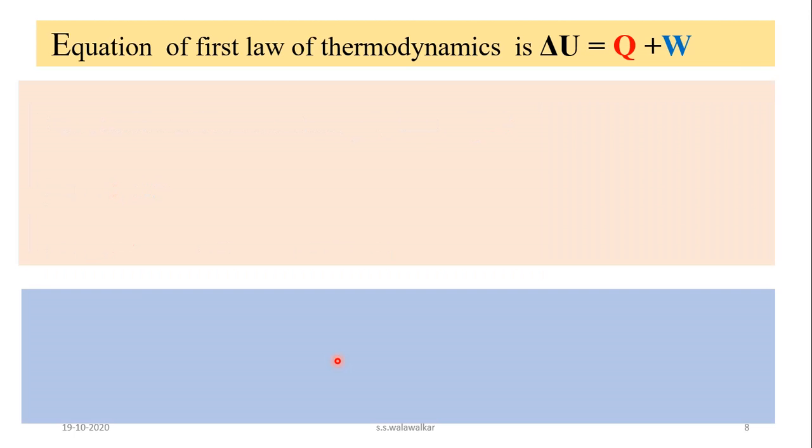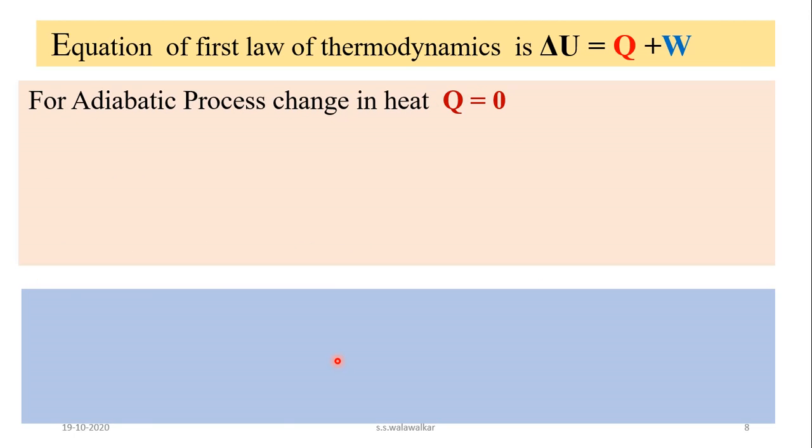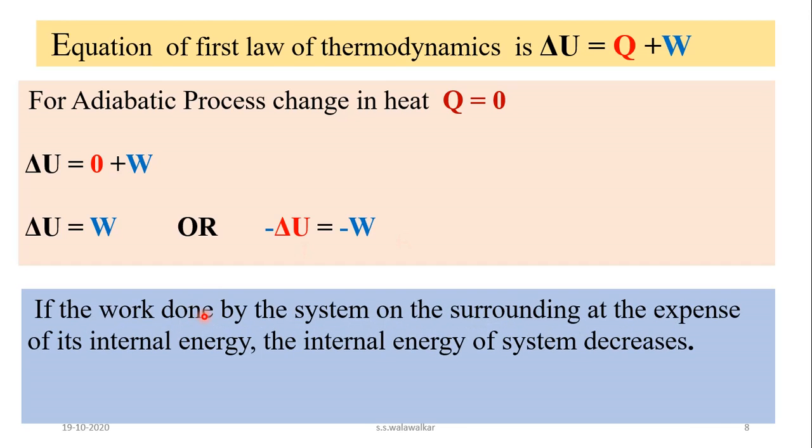And similarly, the alternate statement, that is minus delta U is equal to minus W. That means if the work is done by the system on the surrounding, that means expansion, at the expense of internal energy, the internal energy of the system decreases.